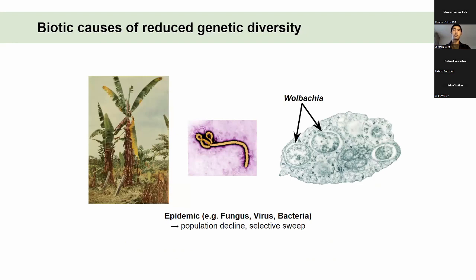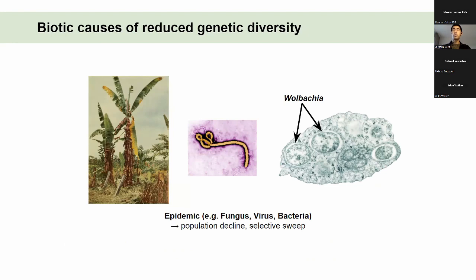Those are the microbes like virus, bacteria, or fungus that cause epidemics. And those epidemic diseases will also reduce the population size and also cause selective spread, which I will explain later. And this has something to do with the bacteria that I will introduce today, Wolbachia.